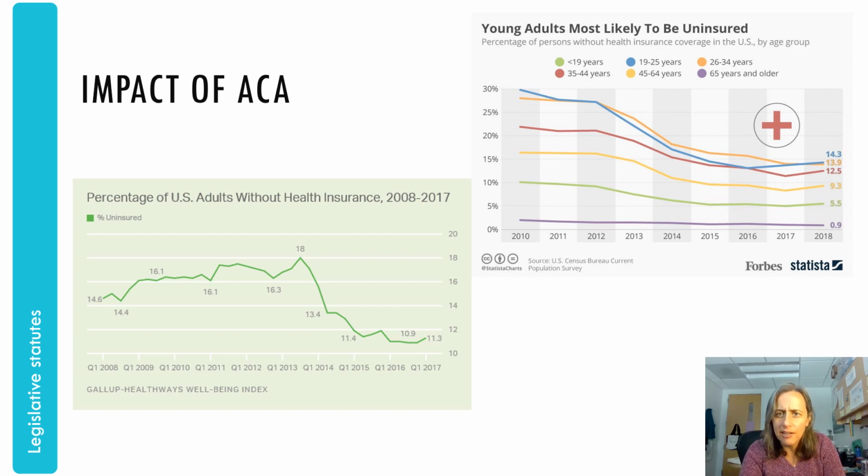So 19 to 25, young adults, that's the blue line here, used to be 30% of young adults were uninsured, right? So if you got in a car accident or something, you'd go bankrupt. It's now down to about 14%. So we have made strides, right, in getting people on health insurance. So that's really good. So did that then help decrease bankruptcies?